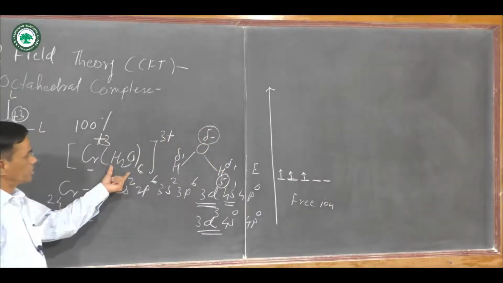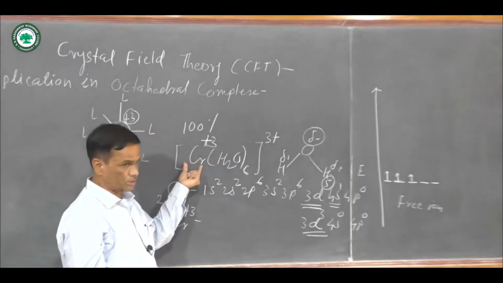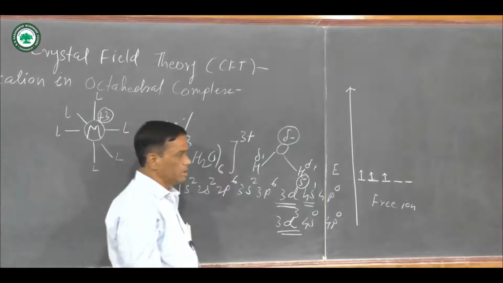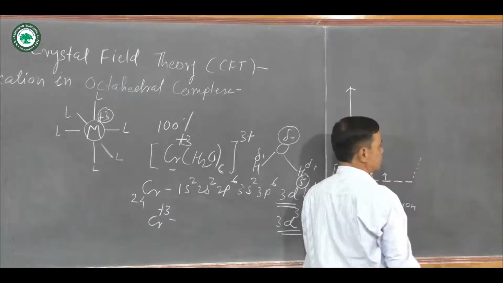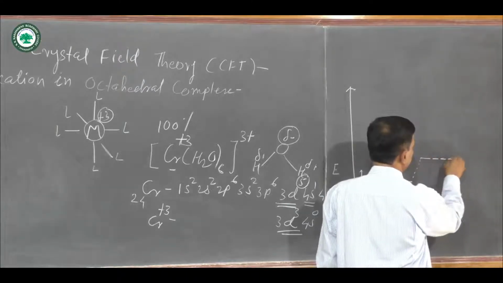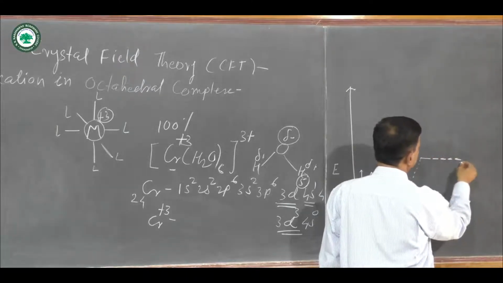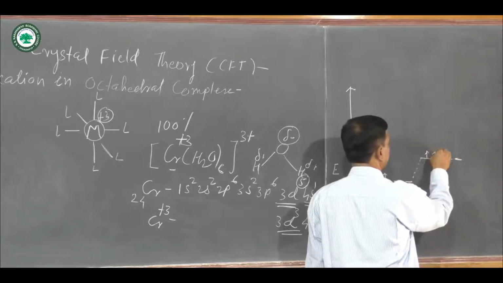When 6 H2O ligands approach the central metal ion Cr3+, hypothetically there is an increase in energy, and that energy increase is shown like this. Again the 5 d orbitals are represented like this, and again 3 electrons are there.